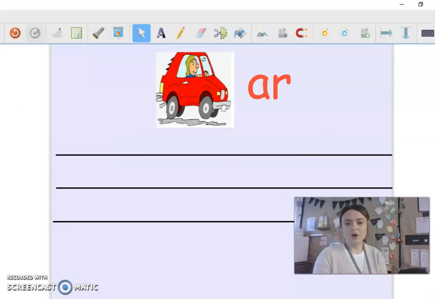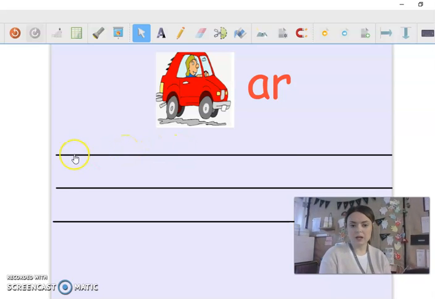Okay, lovely. Right, now I would like you to write your very own sentence. Here you will notice we've got a picture, and it's a picture of a red car. If I was spelling car, c-ar, c-ar, car. Remember when you're sounding out car, use your phonics hands to make sure you've spelt it correctly.